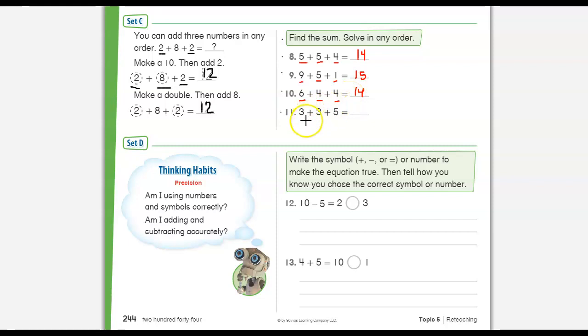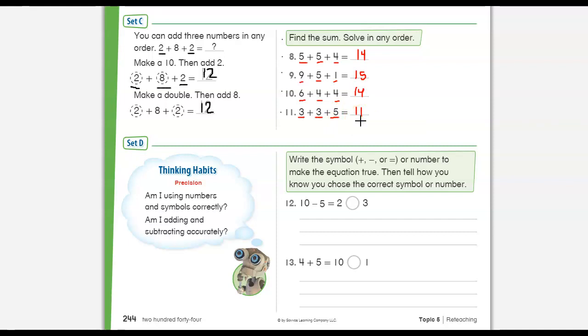And on number 11, our answer was 11. Look at that. On this problem, I would have added together 3 plus 3, because I like doubles facts. 3 plus 3 is 6, plus 5 more. That would be 11.